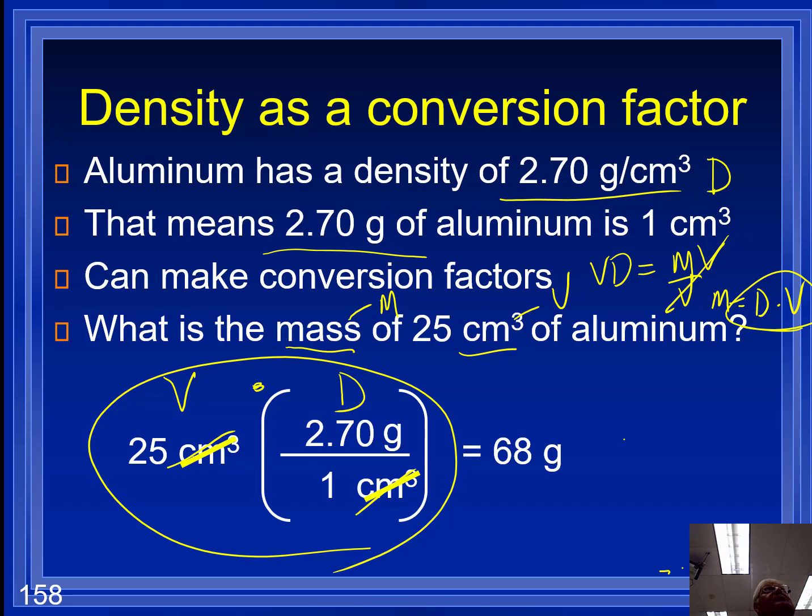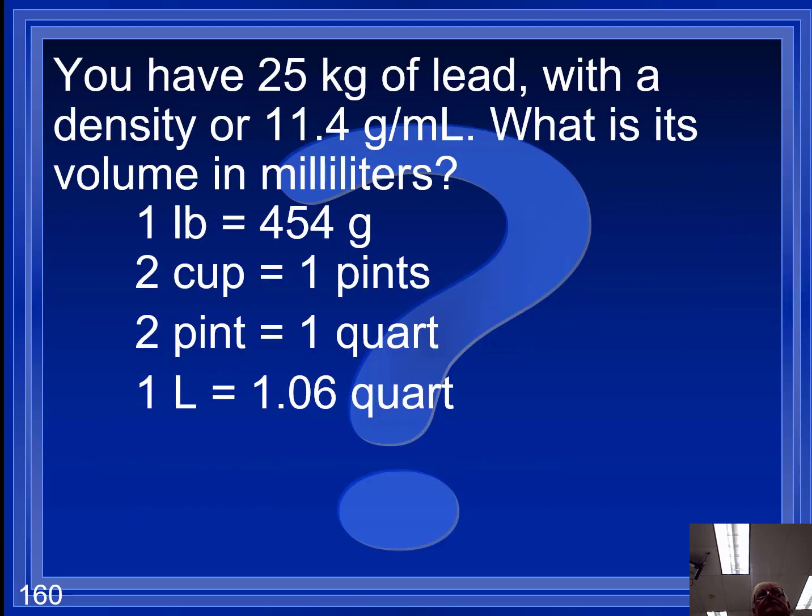And where would you want to do that? Well, you'd want to do that on a question like this. Okay, so you pick up a piece of lead and it weighs 25 kilograms. By the way, that's over 50 pounds. It's a heavy piece of lead.